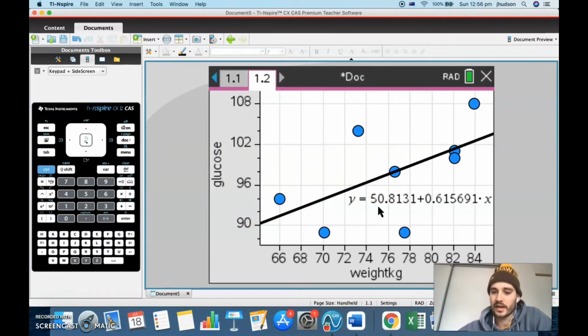We just need to swap those x's and y's for what the variables actually mean. So y is glucose and x is the weight in kilograms. So this would be glucose equals 50.8 plus 0.62, or however many decimal places it wanted, times weight. So that would be the answer to that question.